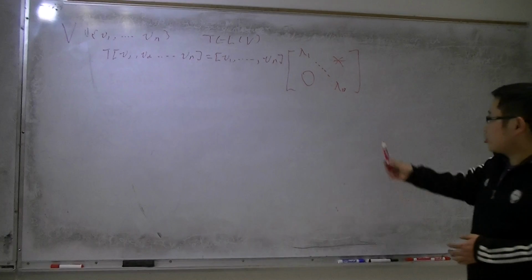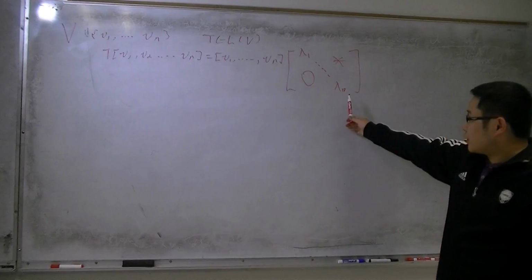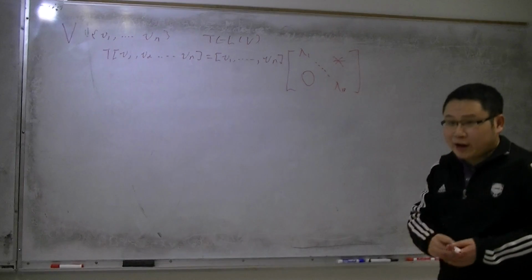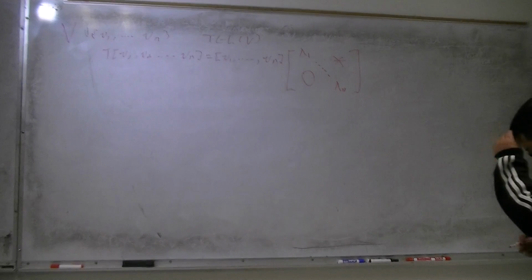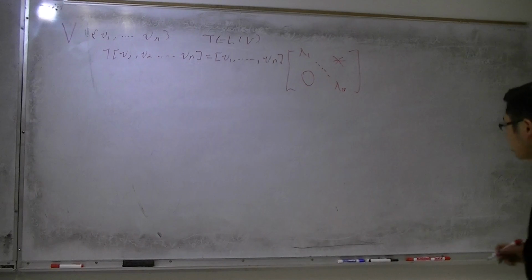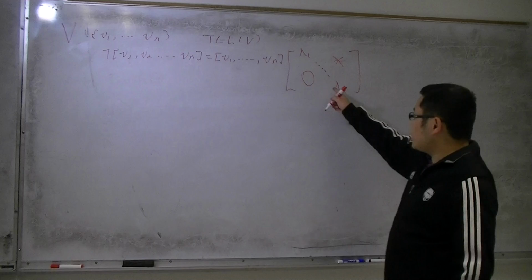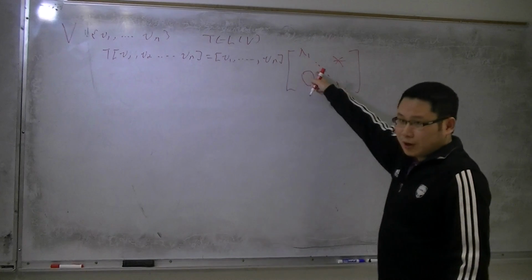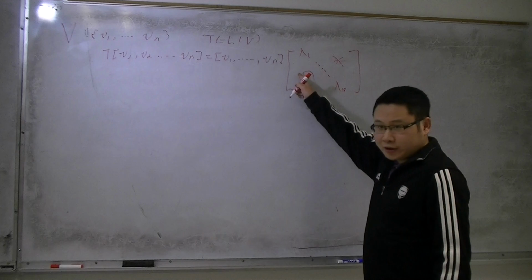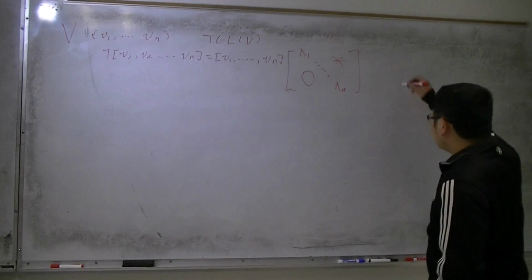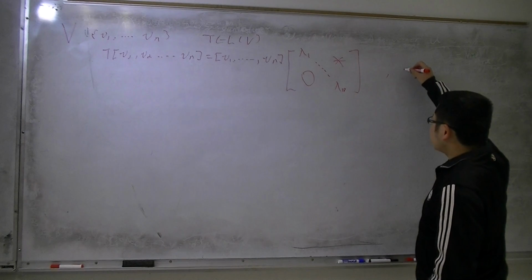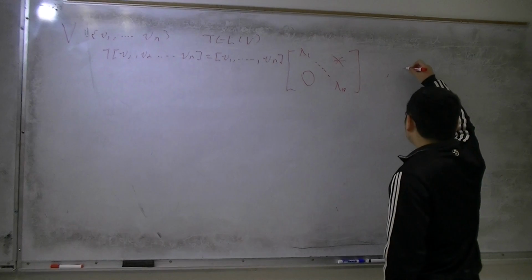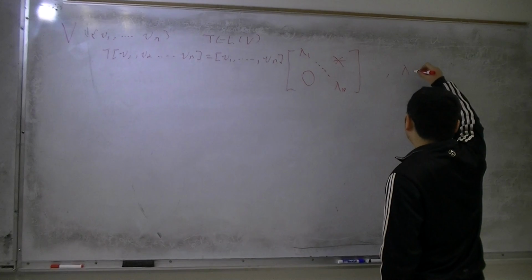We can choose some basis that makes it upper triangular, and I want to count how many eigenvalues are in this upper triangular matrix. The conclusion is that there are this many lambda.